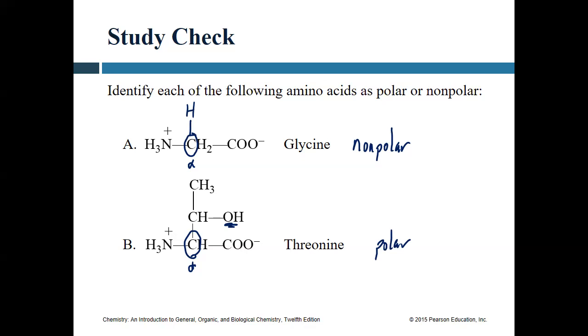So it's not acidic. Is this an amine? There's no nitrogen, so it can't be an amine. So if it's not basic because it's not an amine, and if it's not acidic because there's no carboxylic acid, then this is just polar neutral. And so again, if I was looking for it on the table here, the middle section says polar neutral, and there's threonine right there.